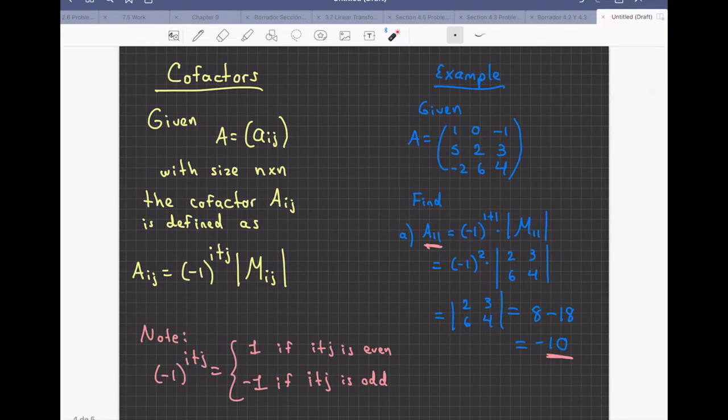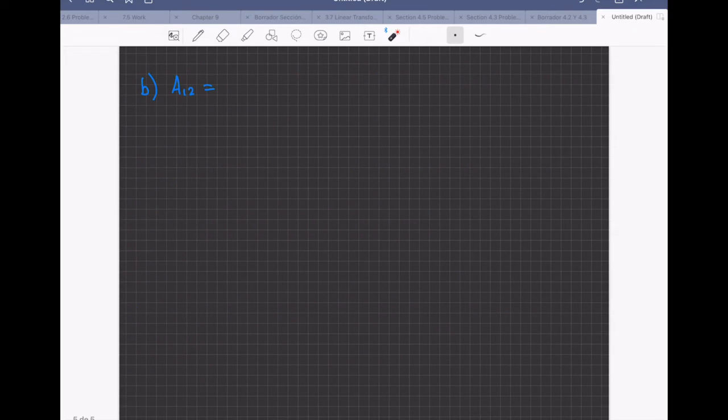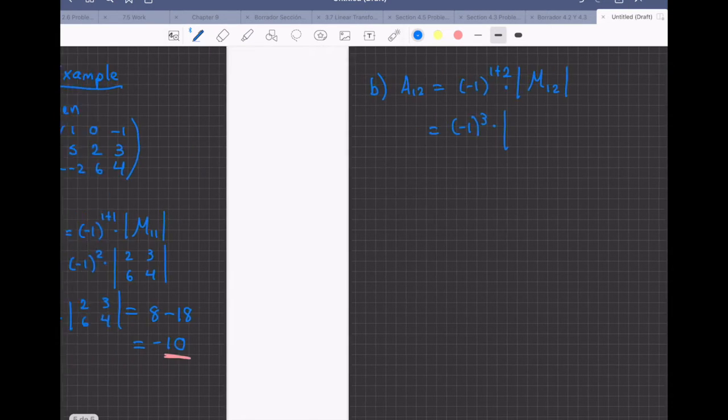What about the cofactor A12? Again, follow the formula. The formula is Aij is -1 raised to the sum of the subscripts, so -1 raised to the 1 plus 2 times the determinant of the minor M12. That is -1 raised to the 3 times the determinant of the matrix.